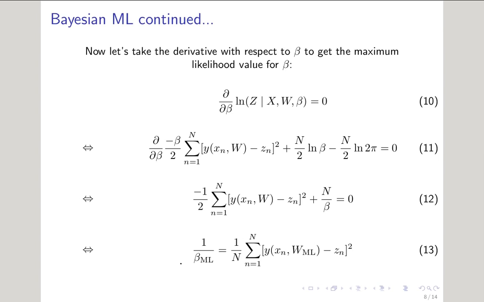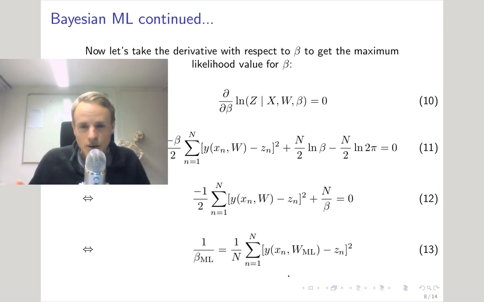You'll also notice that to get the maximum likelihood for beta, we use the maximum likelihood value of w. Now we can do this with the Gaussian distribution because w is not dependent on beta. In some other distributions, the parameters are coupled and you have to use an alternating update approach, but that will be covered in more detail in later lectures.